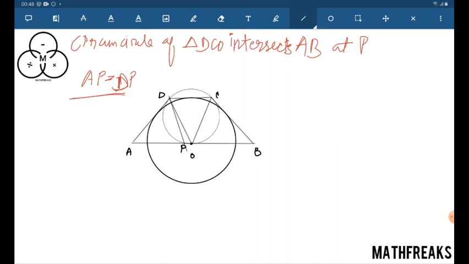Let us join this. We'll enhance our imagination. AP equals AD.